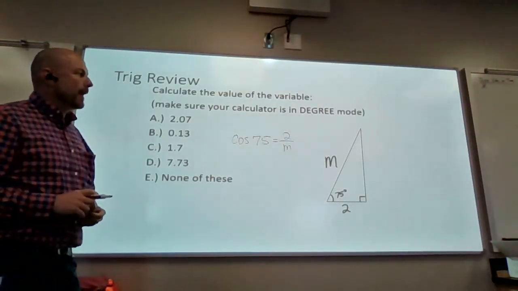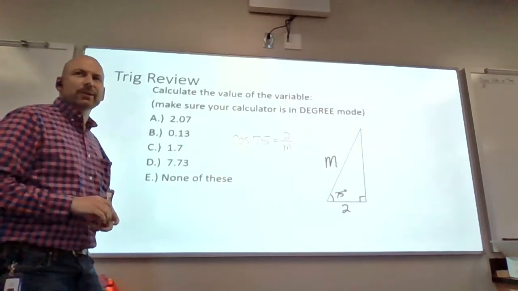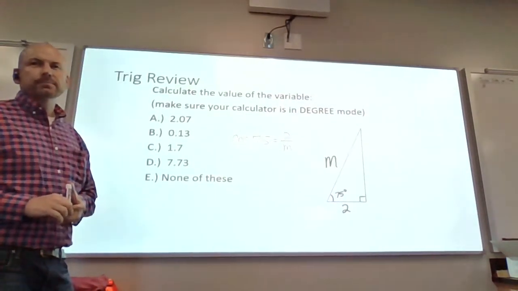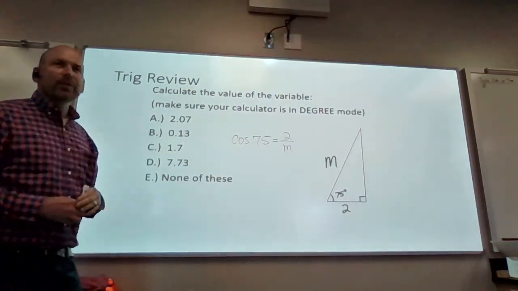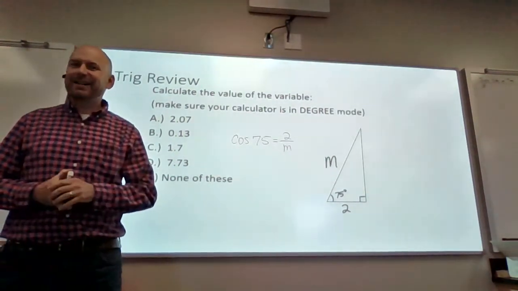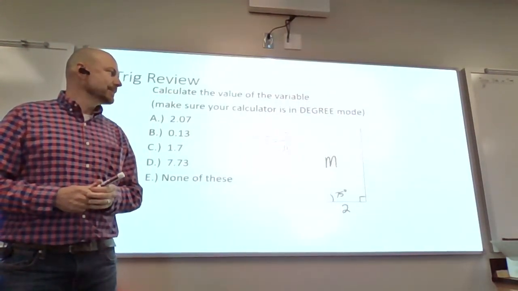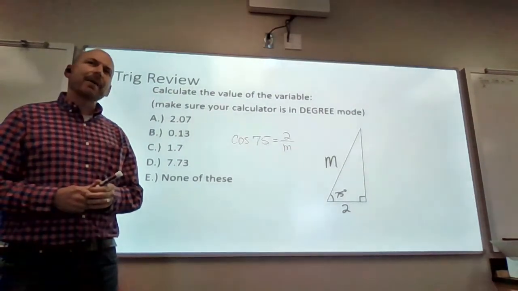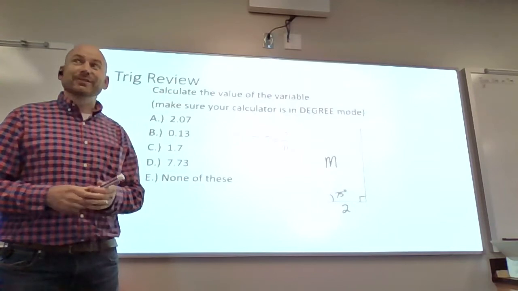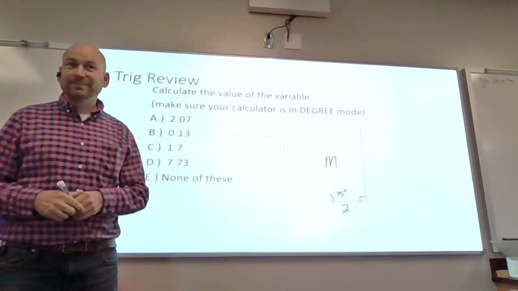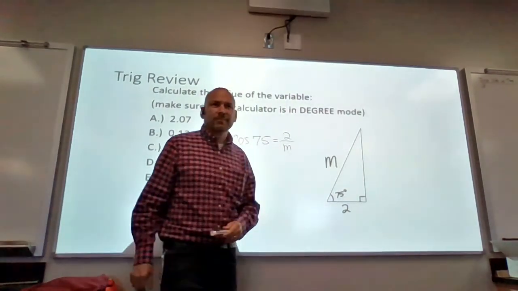A popular error would be to say cosine 75 divided by 2, and it's like, boom, 0.13. But let's use some common sense. Is it possible for a side of the triangle, the hypotenuse nonetheless, to be equal to 0.13 when the other side is 2?